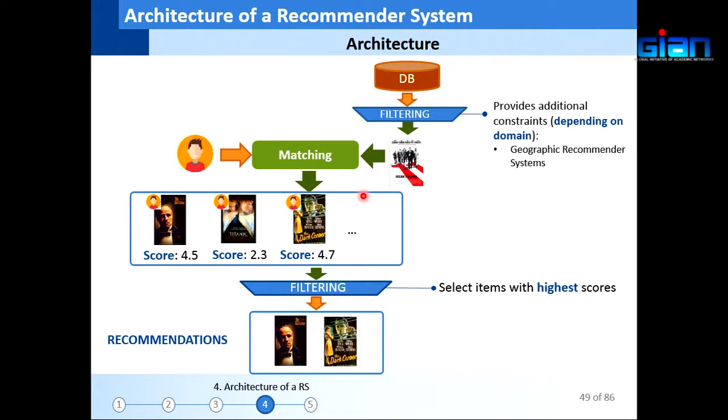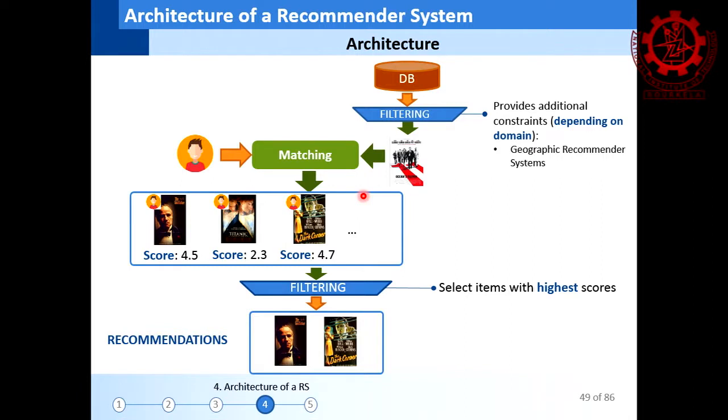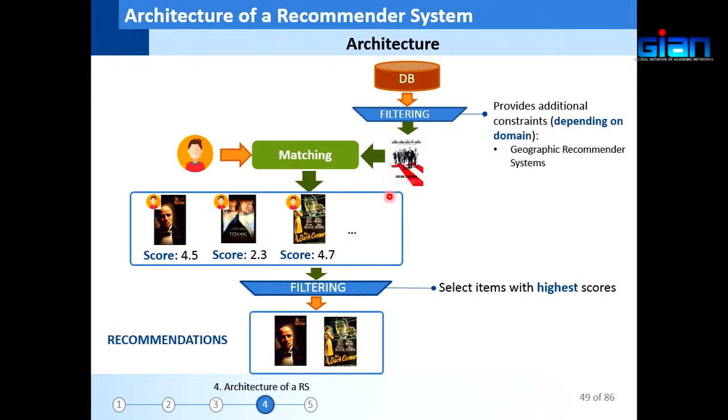Here I live in Spain, but if we have developed a recommender system on restaurants, the system should recommend restaurants in India, not in Spain, because I'm here now in India. So when we calculate the scores, we only calculate the scores for some items in the database. This is more or less the architecture of the recommender system.